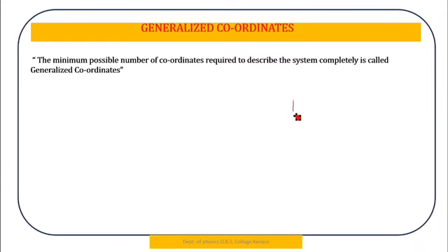Suppose a particle P is described in the xy plane with coordinates x, y. So it has 2 degrees of freedom.